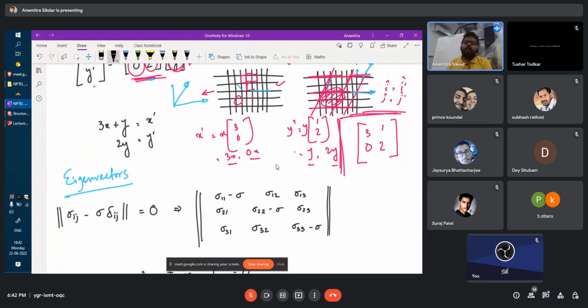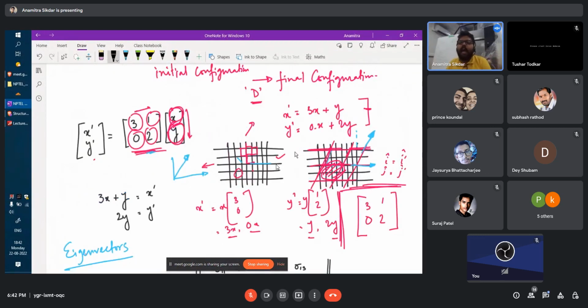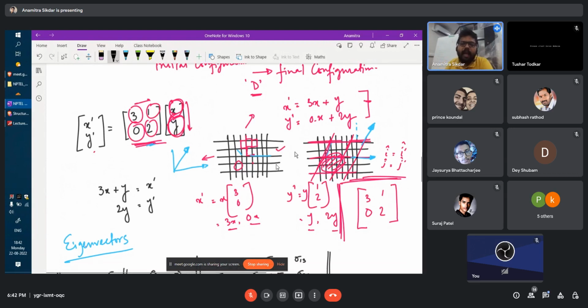And the ratio, the amount by which any point got stretched, that will be called the eigenvalues.